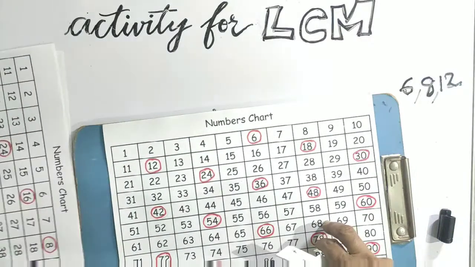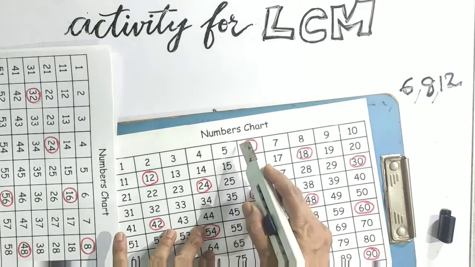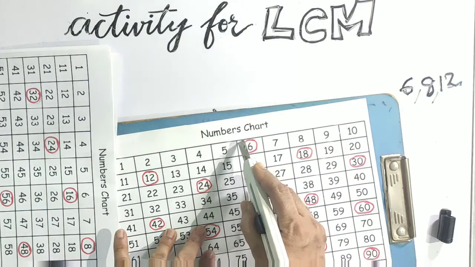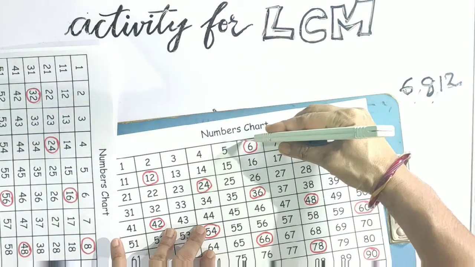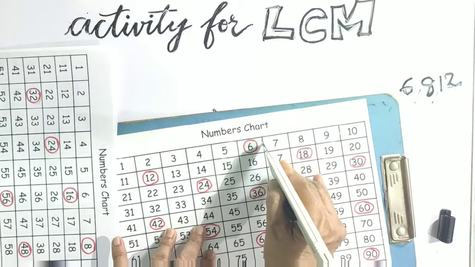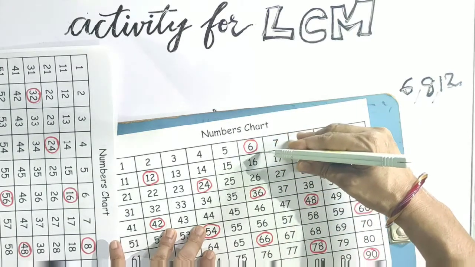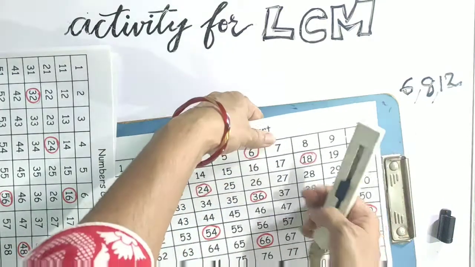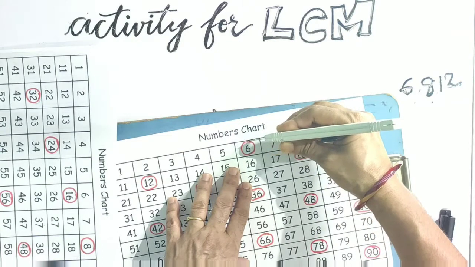Cut all the multiples of 6 with the help of the cutter and cut it properly like this. Multiples of 6. 6 ones are 6. Cut it properly.